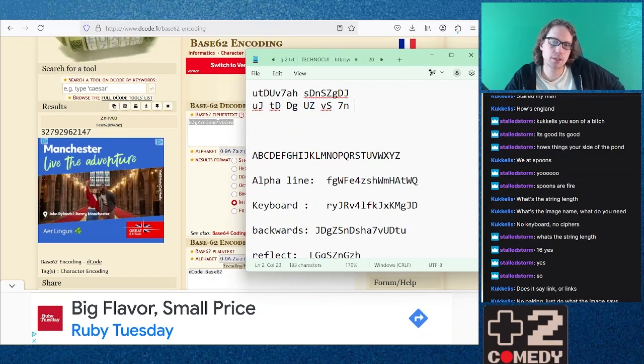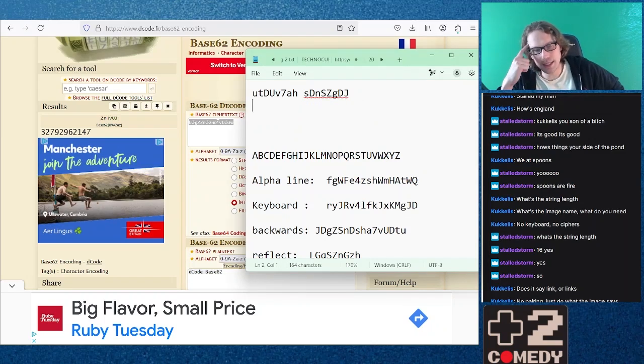No pairings. Just do what the image says. Links.